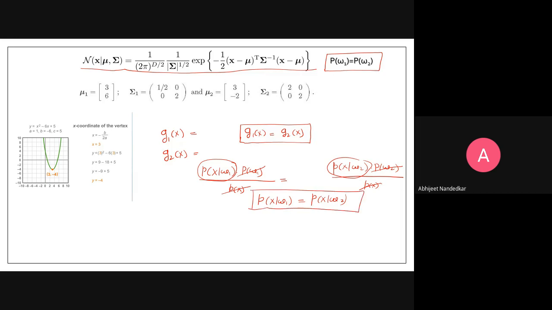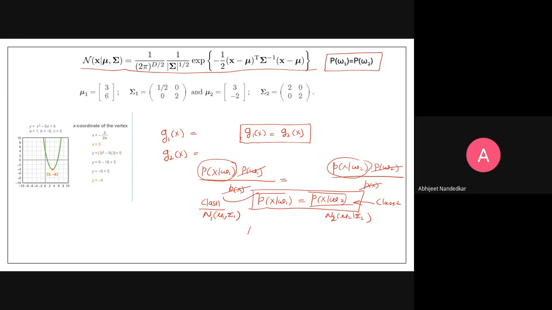And what are these two things? They are nothing but the likelihoods: this is class 1 likelihood, and this is class 2 likelihood. That means they are the data models of class 1 and class 2. What we have assumed here is that this data is normally distributed with N(mu1, sigma 1), and this data is normally distributed with N(mu2, sigma 2).